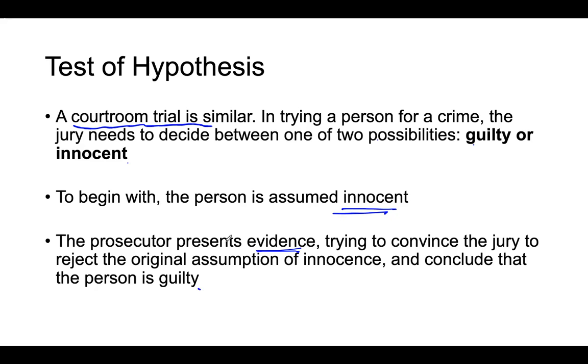The prosecutor is trying to show enough evidence, beyond a reasonable doubt, that this person is guilty. But you make that assumption, that hypothesis, initially that the person is innocent, and then the prosecutor is trying to show the opposite, that they're actually guilty.